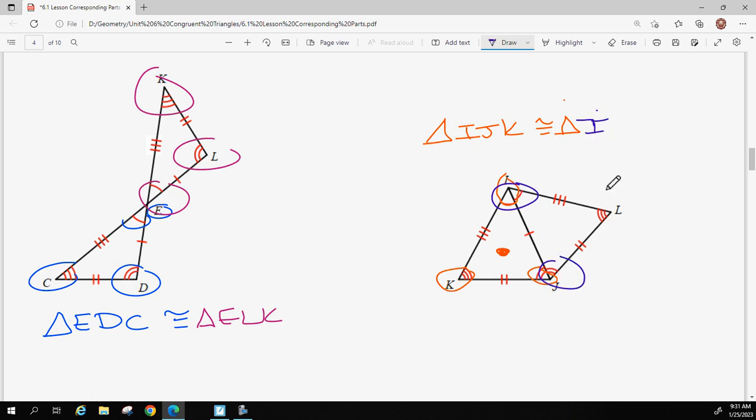And then 2 arcs is J. 3 arcs is L. And so I have them named so that the matching angles are in the same place in the names. Again, if this is at all tricky to you, please do ask for help so that we can clarify or maybe revoice what's happening here.